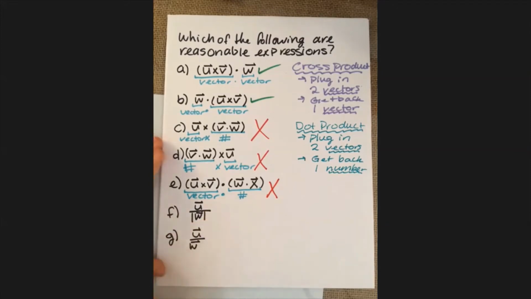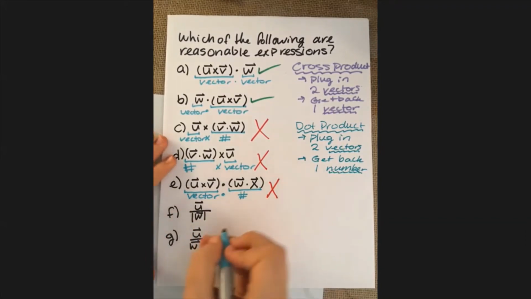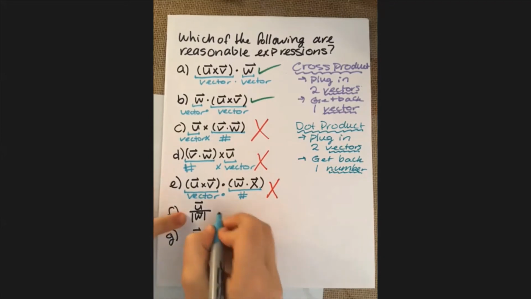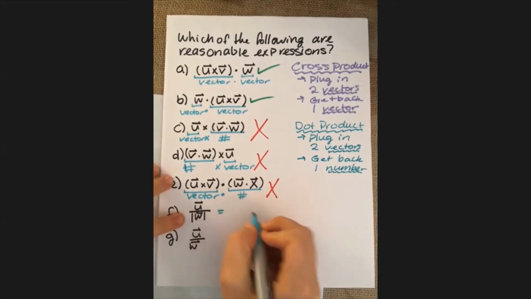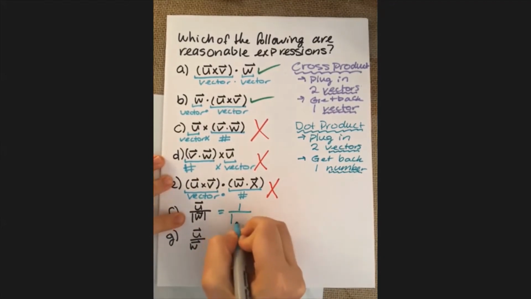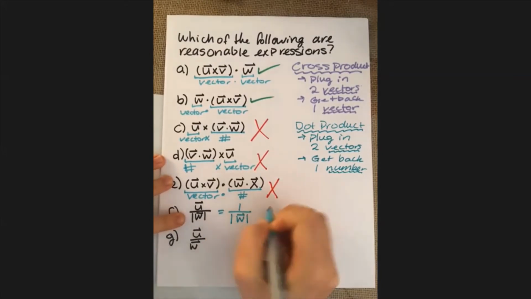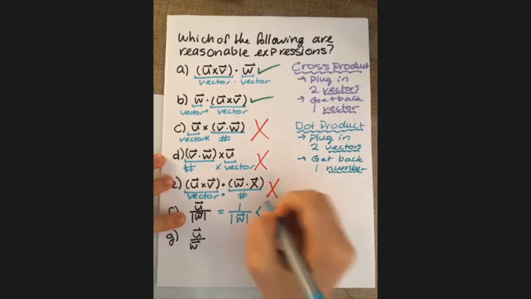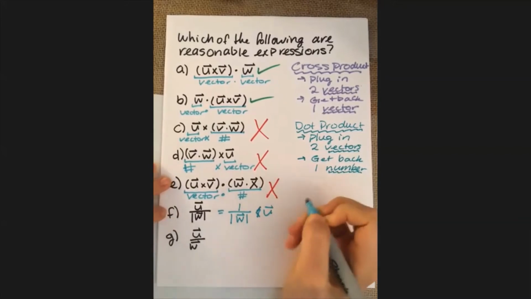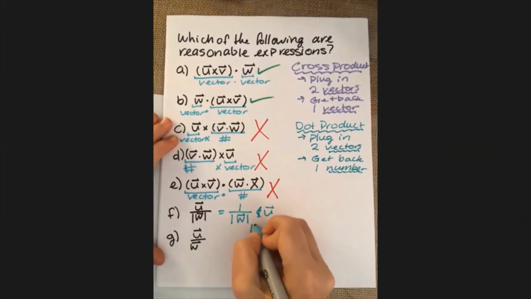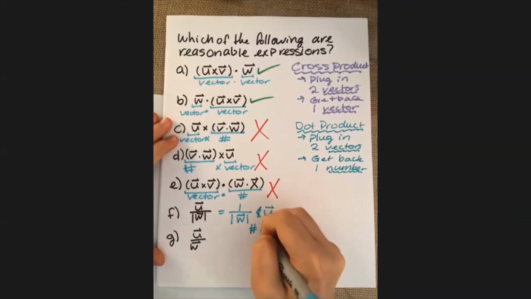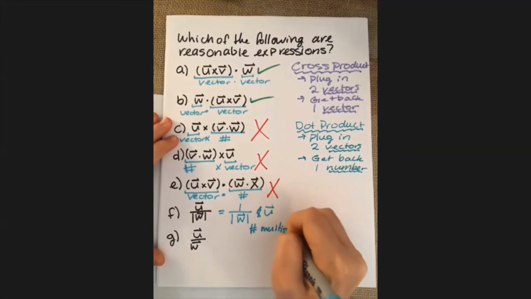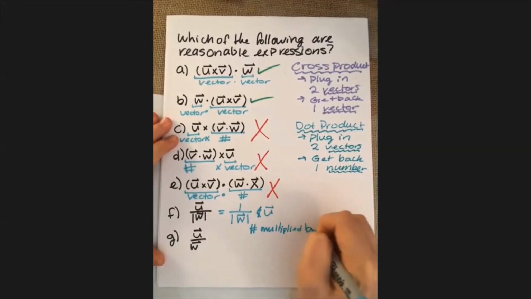Now these next two are a little bit different because they're not cross product and dot product. They're just looking at, okay, what are we allowed to divide a vector by, or how does that work? Well, in this case right here, I can take this and rearrange it as 1 over the norm, or the length, of W times the vector U, like so. Well, this is just a number multiplied by a vector.